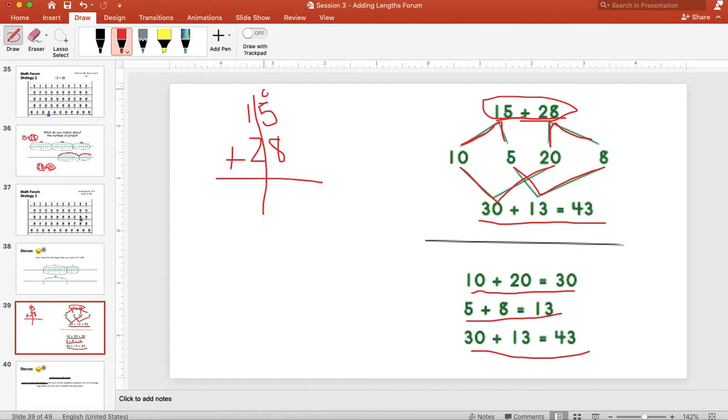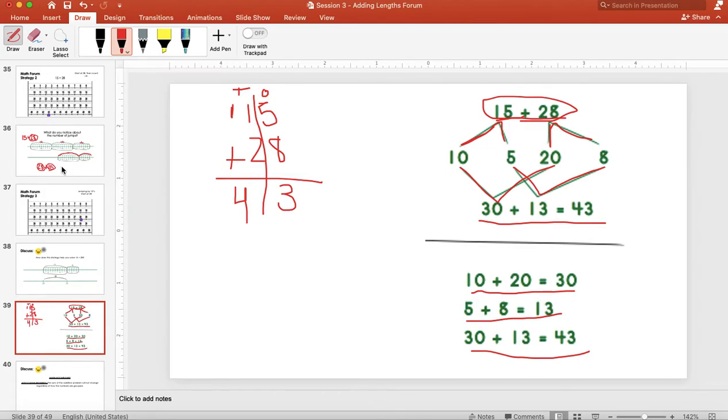This is my 1 spot up here, and this is my 10 spot up here. I know 5 plus 8 is 13, so I put down my 3. I can't just write 13 down here because that 1 belongs in my 10 spot. So I'm going to carry my 10 over and then add my 10s together. So I have 2, 3, 4. 43. That's how I can stack it like a hamburger.